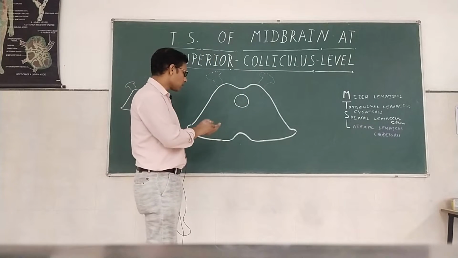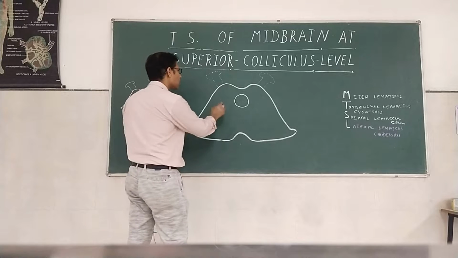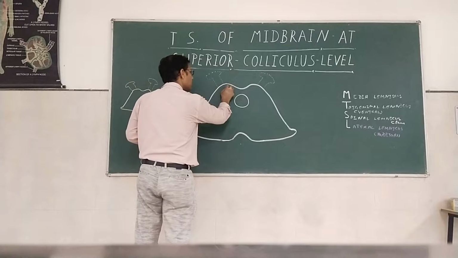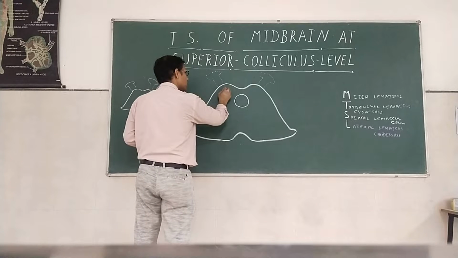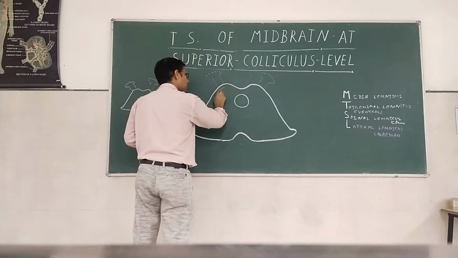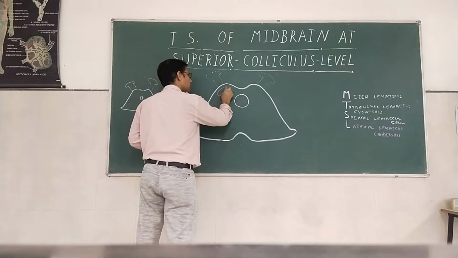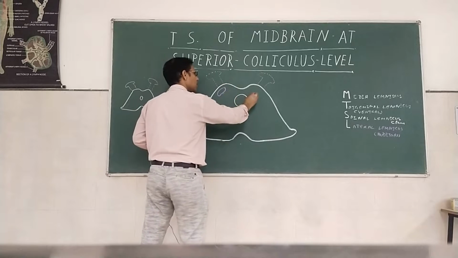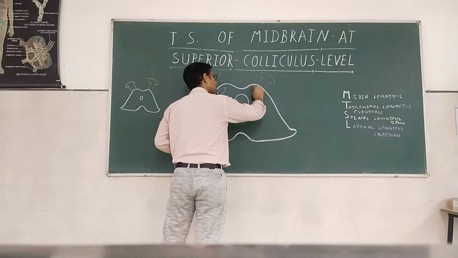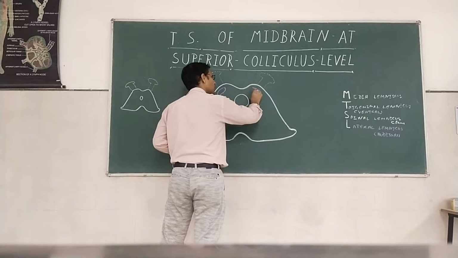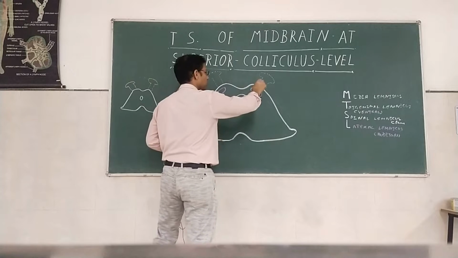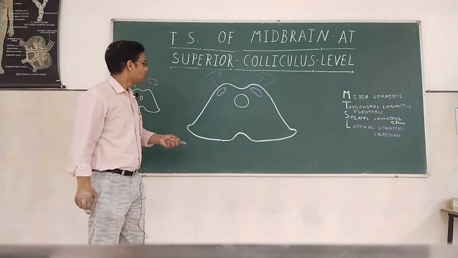So there is a superior colliculus in the tectum part of this level. This is representing the superior colliculus. This is known as the superior colliculus level.